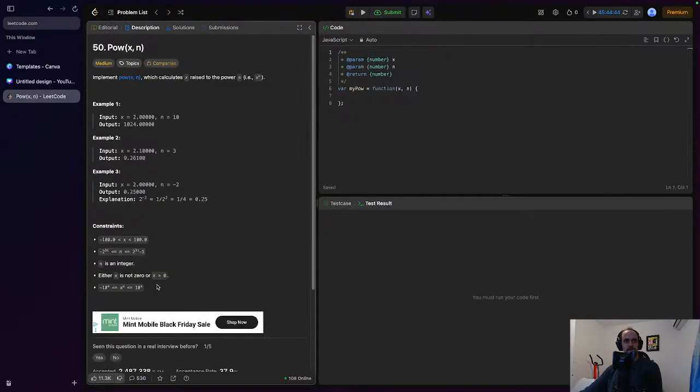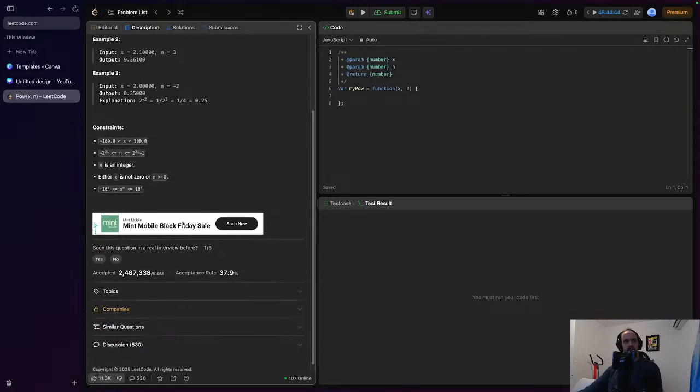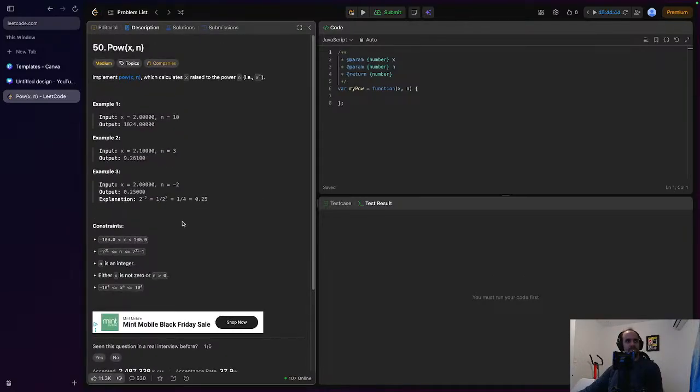Alright, how about power xn? Implement power xn, which calculates x raised to the power n. And I imagine that we're meant to do this without using the math.pow function. So the question would be, what are we not allowed to use?